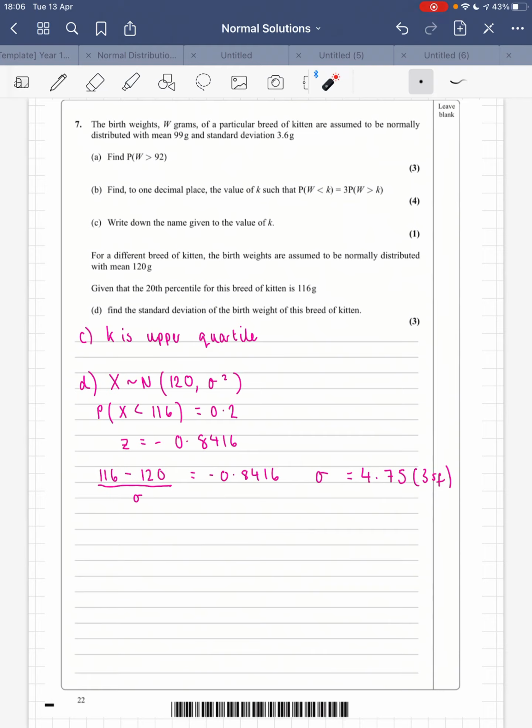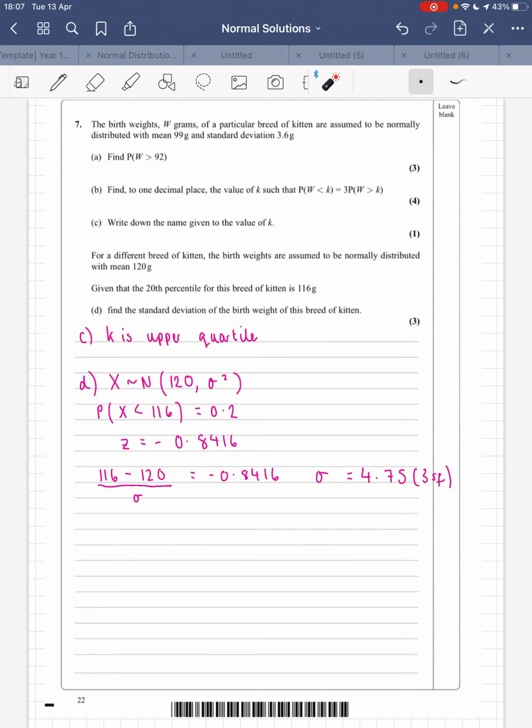And then the last part: for a different breed of kitten, the birth weights are assumed to be normally distributed with a mean of 120. Given that the 20th percentile is 116, find the standard deviation. Again, I wrote out the distribution just because it helps me. I know that the probability that X is less than 116 is equal to 0.2. I have to go backwards in the table to work that out.